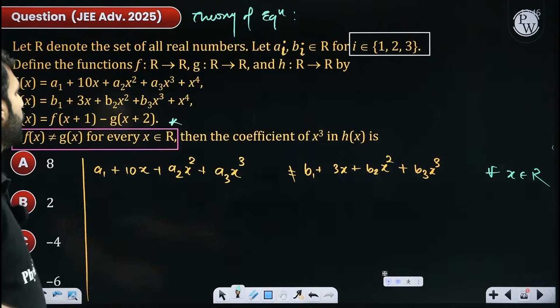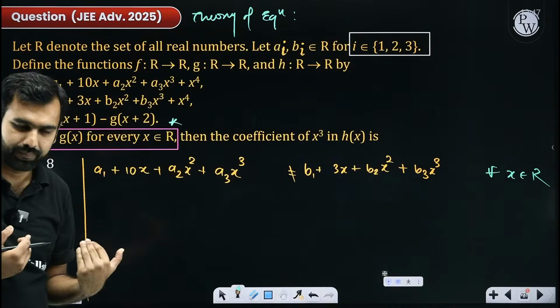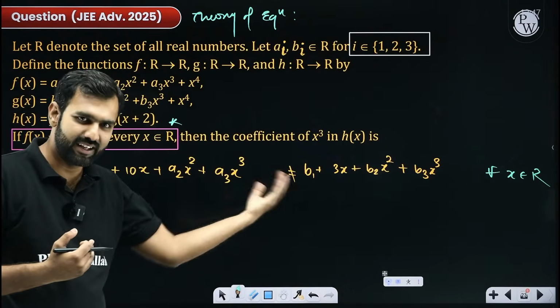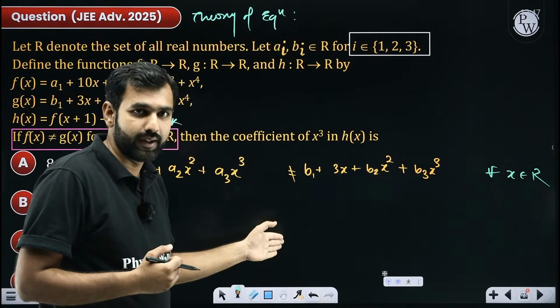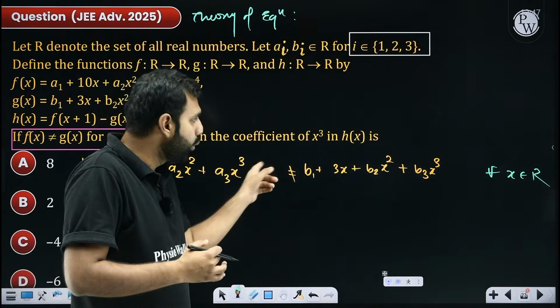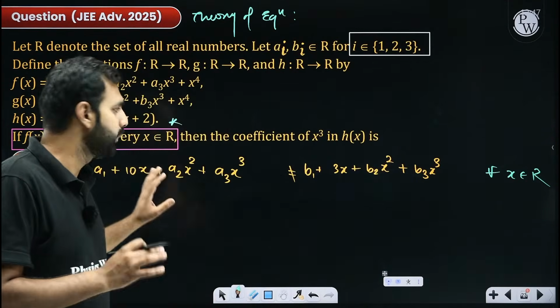Now, when I go back to this question, pay attention to this part. When I rearrange it, it becomes an identity. Although this is an equality, here it is an inequation. So a cubic is always not equal to a cubic. What does it mean?